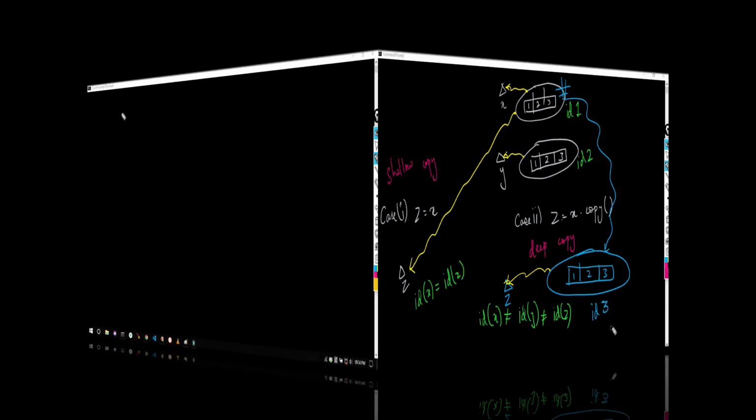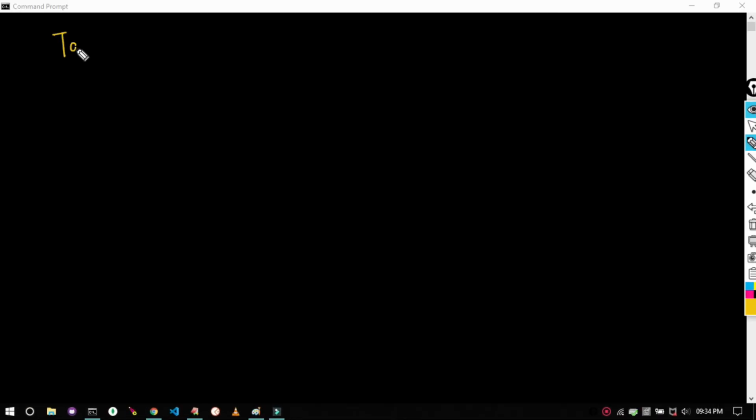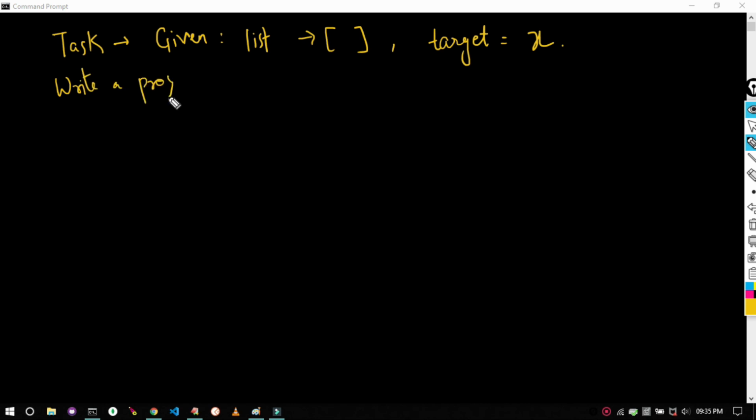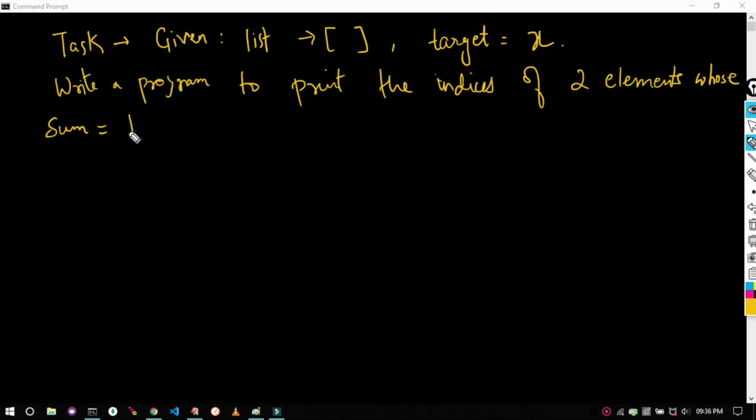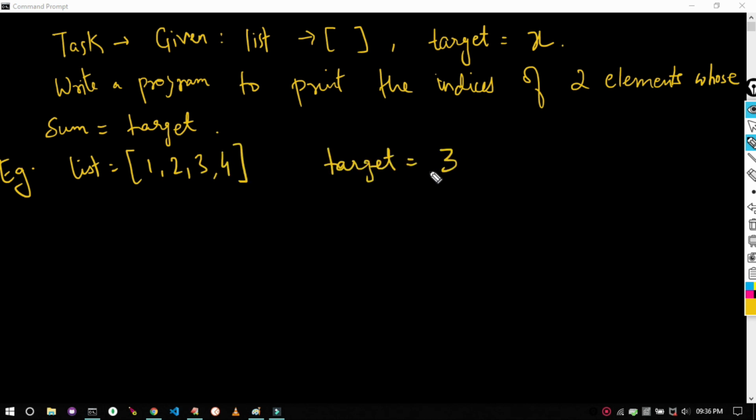So now we came to the end of the list data type, and here's a task for you. You are given a list and a target value, and you have to write a program to print the indices of the two elements from the list whose sum is equal to the given target value. For example, the given list is this, and the target value is 3.